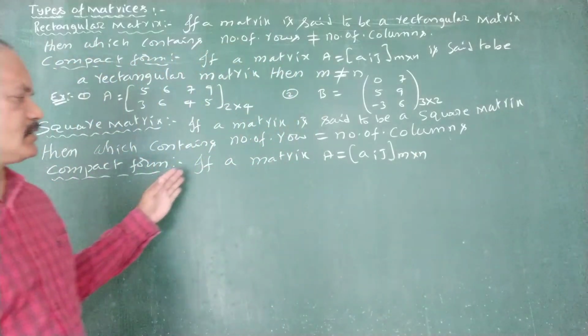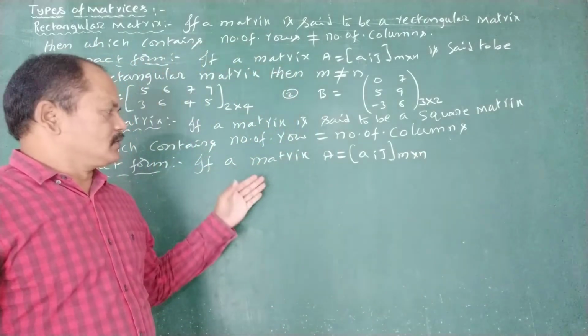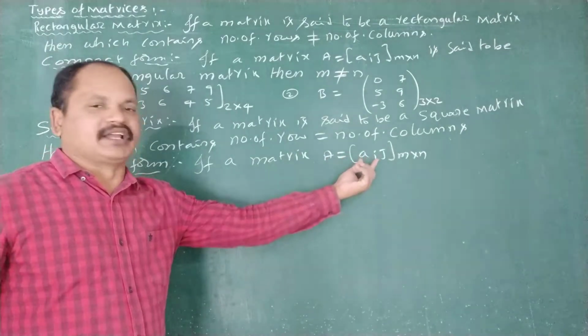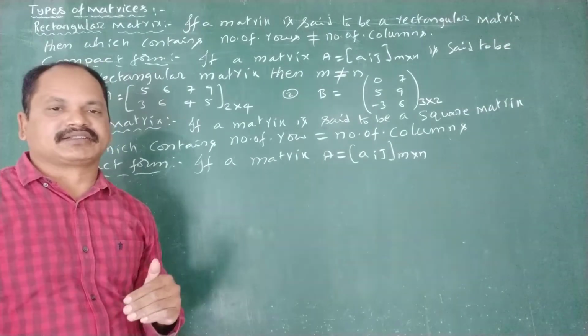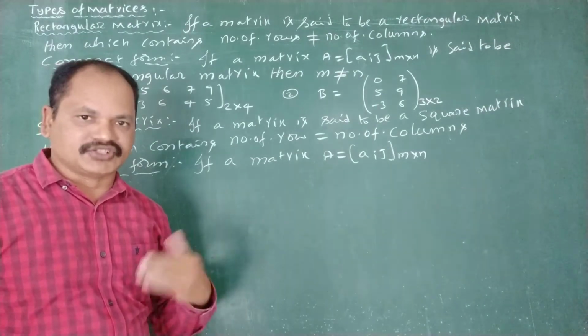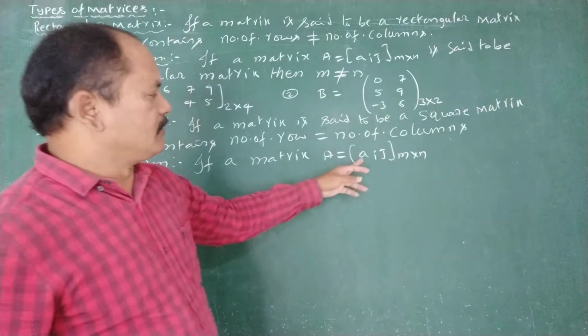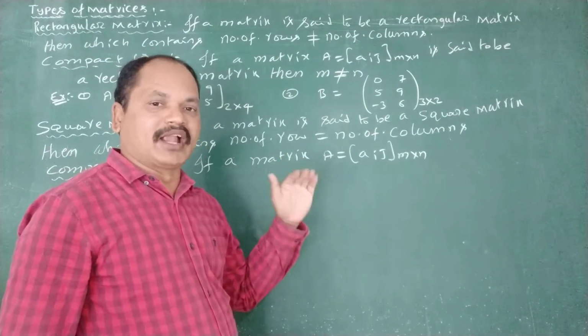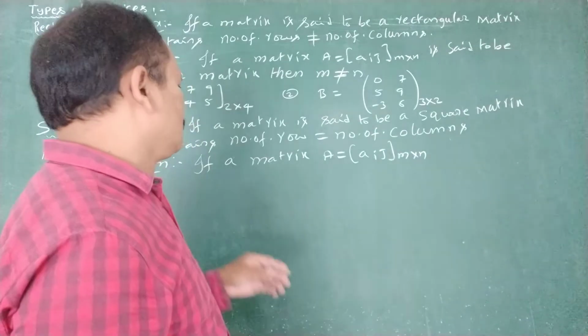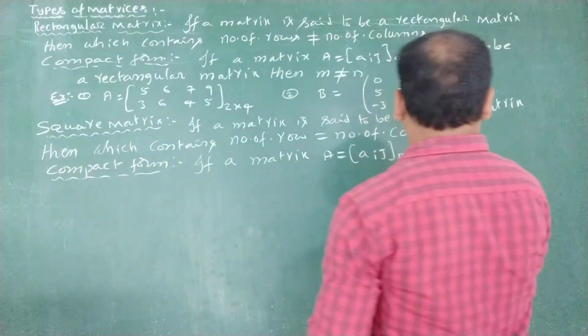That means we take the representation of the matrix as Aij, where Aij is nothing but the element in the matrix which belongs to the ith row and jth column.